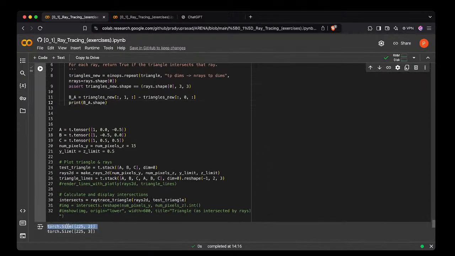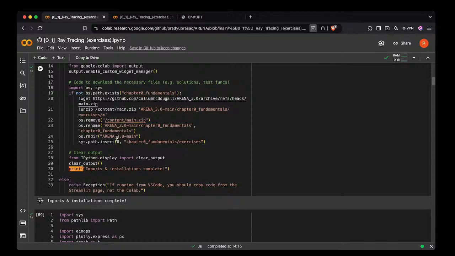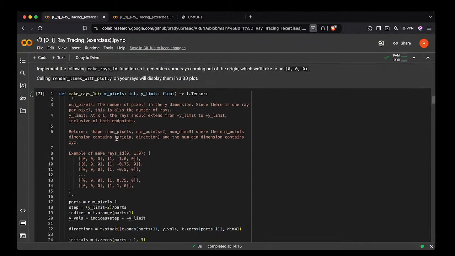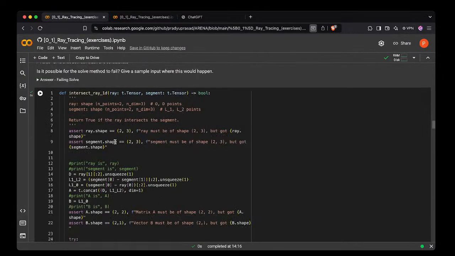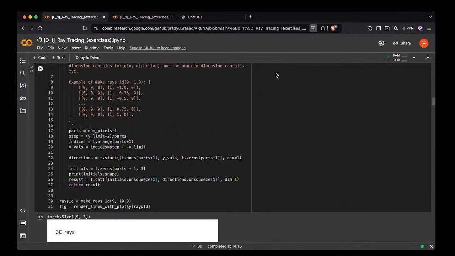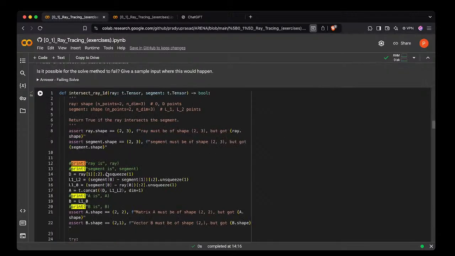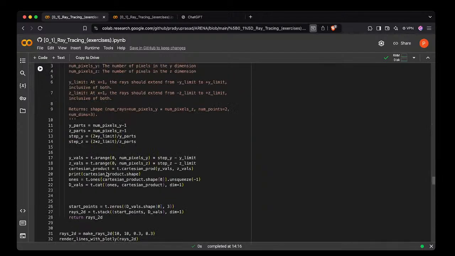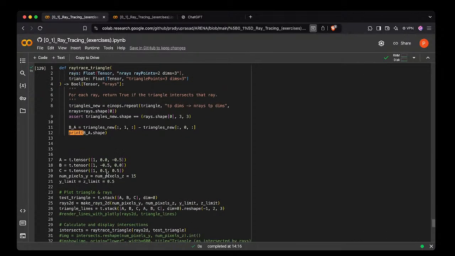Where is this coming from? I don't know. I'm not printing anything. Commented out prints, right? We're using the make rays today here.